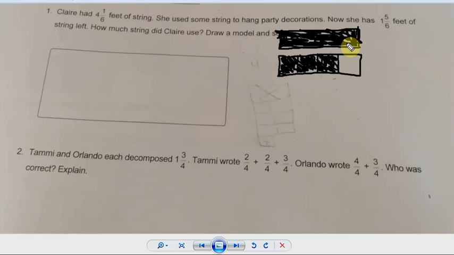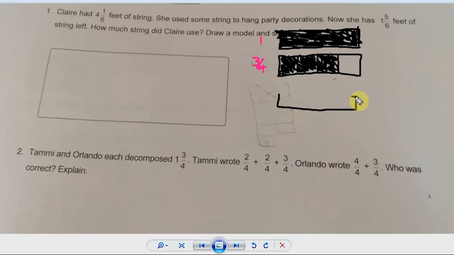So that's 1 whole and 3/4. Let's label it. This is 1 whole and this here is 3/4. Now Tammy wrote it another way. She wrote 2/4, 2/4, and 3/4. So let's see if she is correct.